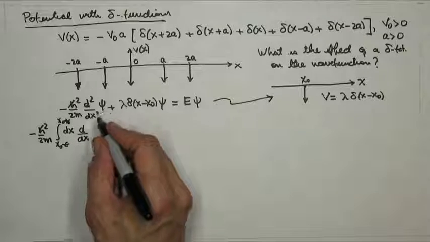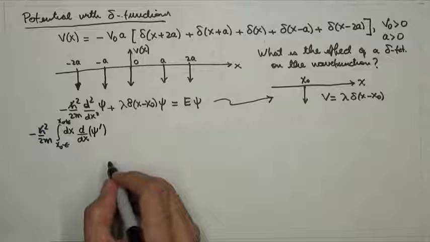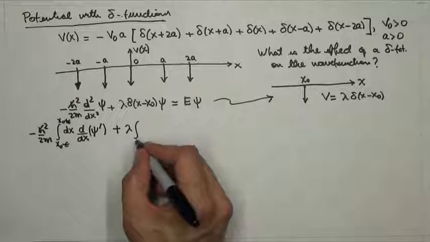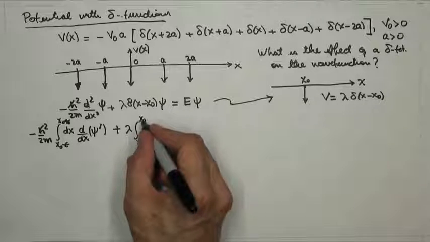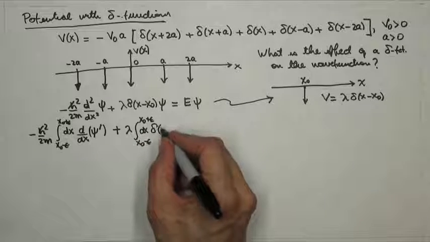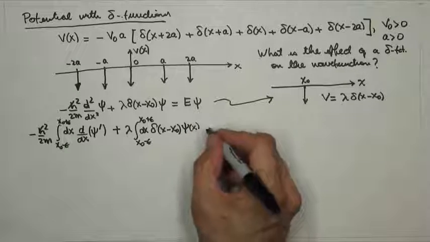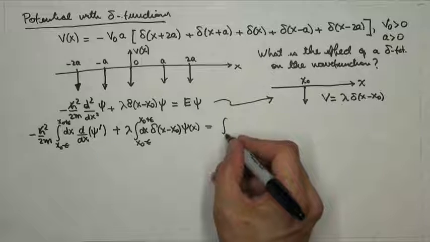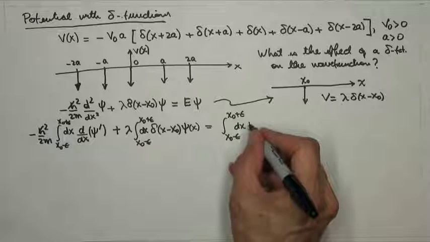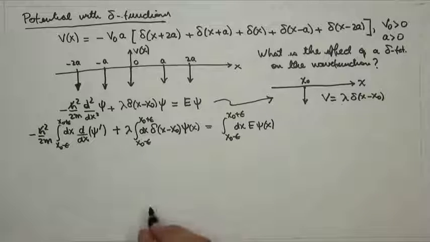There are two derivatives of psi, so I'll put d/dx of psi prime, meaning d/dx of psi, plus lambda, integral from x0 minus epsilon to x0 plus epsilon of dx delta of x minus x0 psi of x, is equal to the integral again from x0 minus epsilon to x0 plus epsilon dx of E psi. That E can go out, but I didn't, but it will go out very soon.